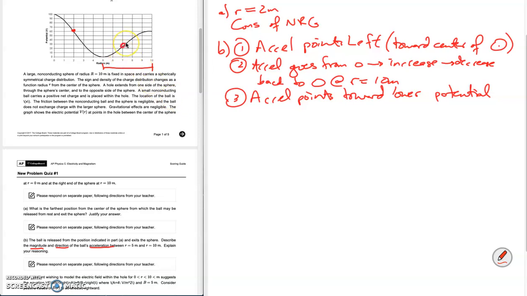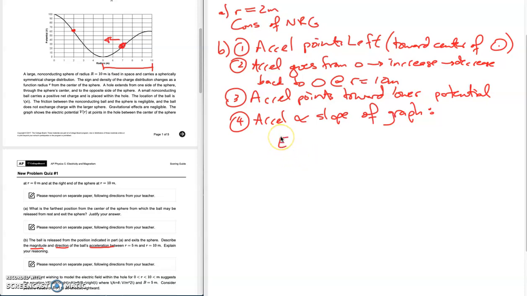So as the ball is here, the acceleration points left, and the left goes along with the lower potential. And the fourth thing that you need to indicate or could indicate is that acceleration is proportional to the slope of the graph.